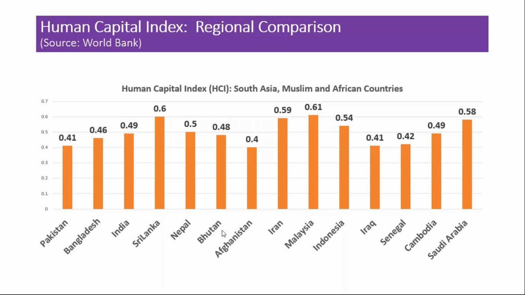Pakistan stands at 0.41 of the total score, while other countries comparable with Pakistan are Afghanistan, Iraq, and some other countries. But the highest scores are for Sri Lanka, Malaysia, even Iran, and Saudi Arabia. And other countries are in between.